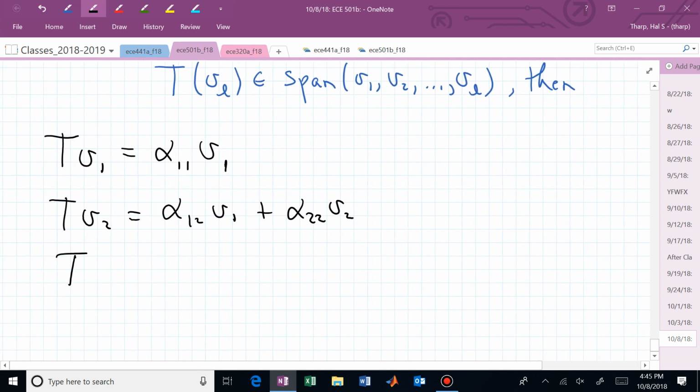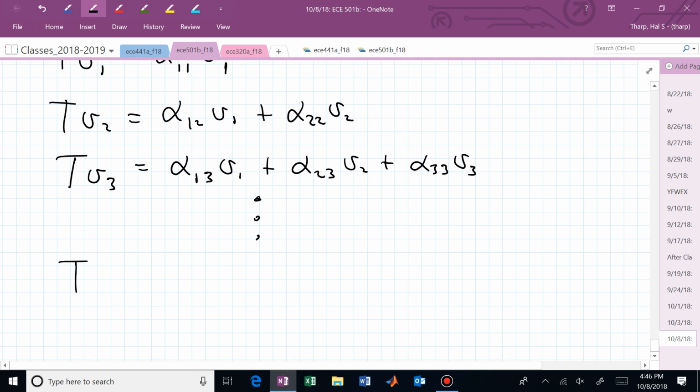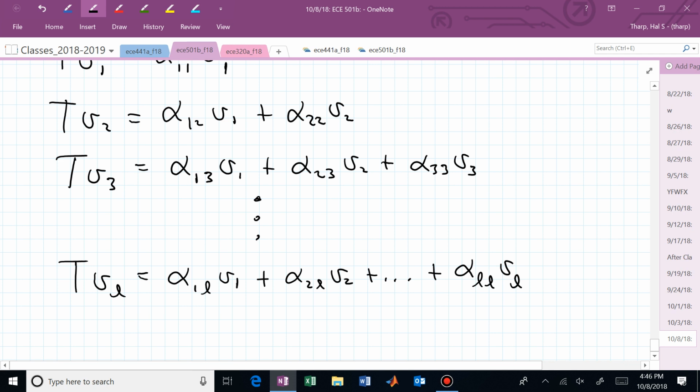And TV3, and we can just keep going. So that now if we go all the way down to TV sub L, that's some linear combination of V1, V2, all the way to V sub L.